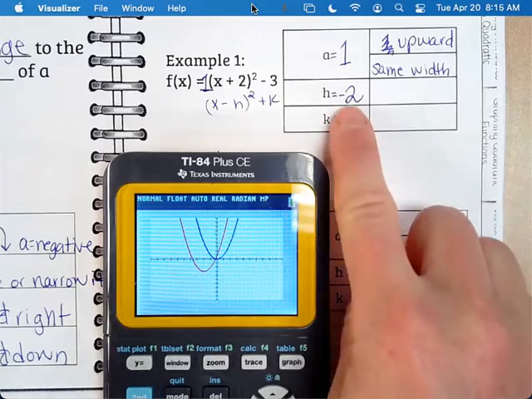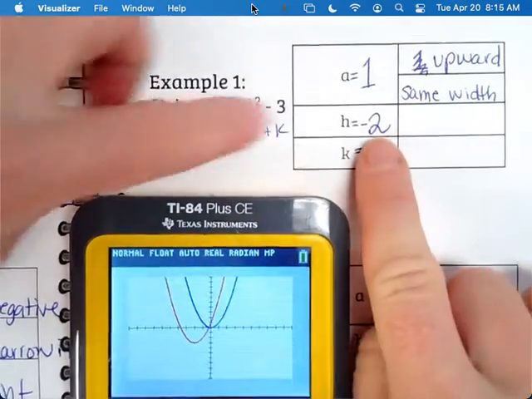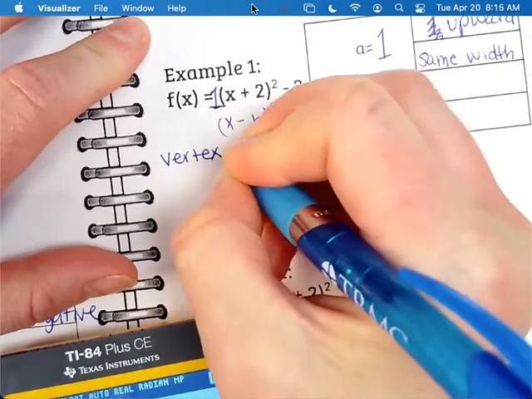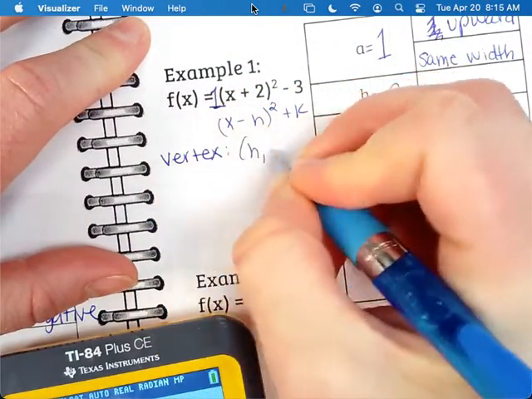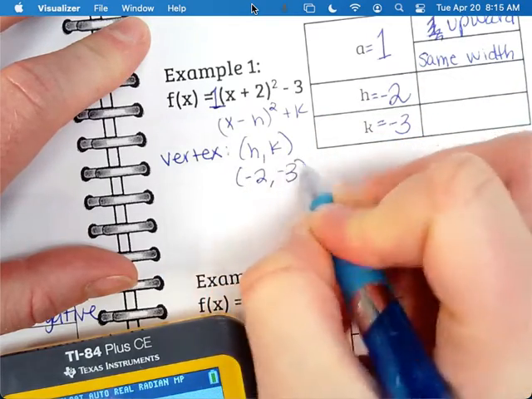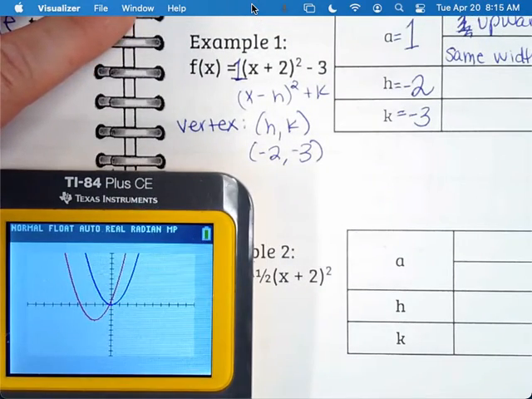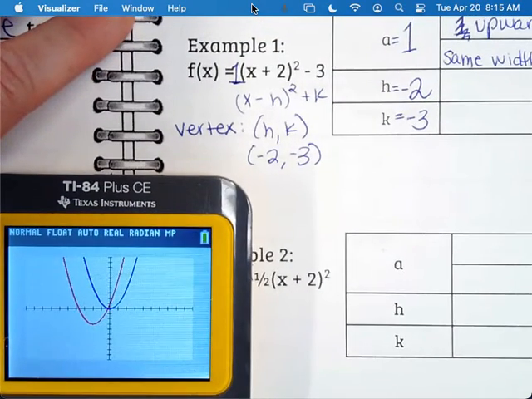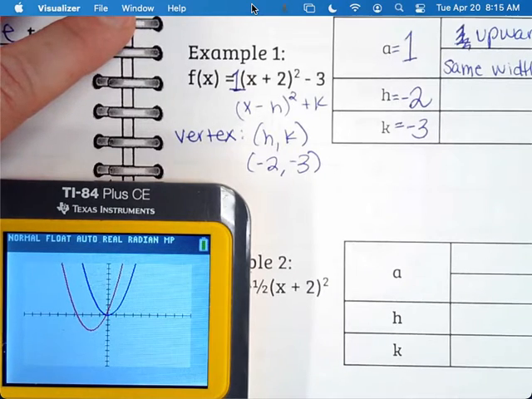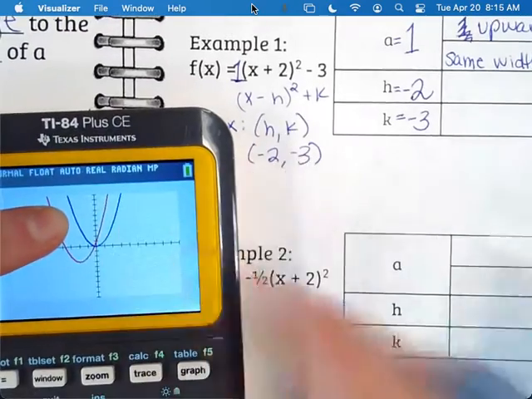So let's think about the 2. Remember what h, k is? That's our vertex. So our vertex is -2, -3. Let's look at what the -2 did to our function. The original, the parent function, is the blue one.